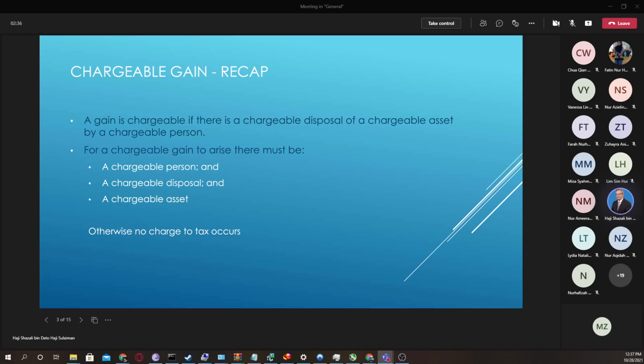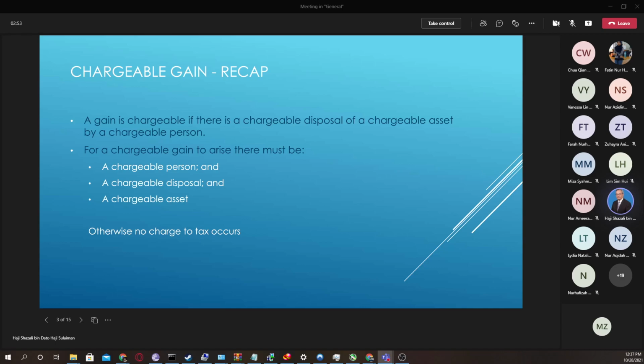The asset will be the shares and securities that they hold in that particular company. If these 3 conditions are not met, where there's no chargeable person, a disposal, or an asset, then there will be no charge to tax for a chargeable gain.